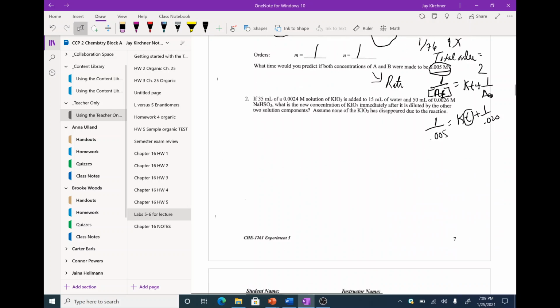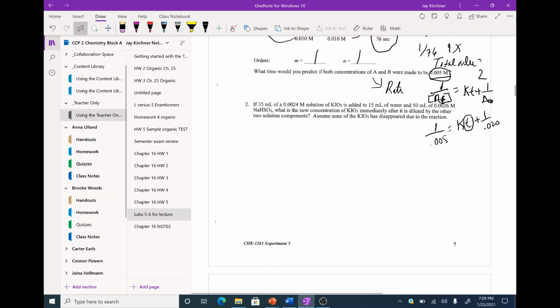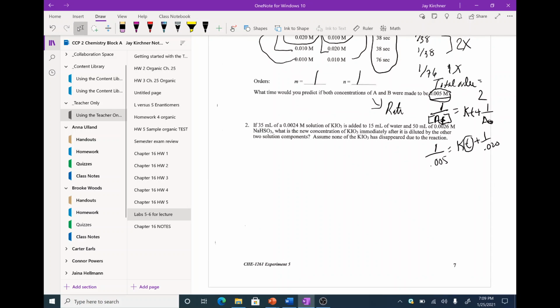So the second question they put on the pre-lab, there's actually 4 questions, is we're going to be doing a lot of recipes where we put together stuff and we have to calculate the final concentration of things. So it says we have 35 mils, I'm going to call it 0.035 liters, times 0.0024 molar, which is moles over liter.